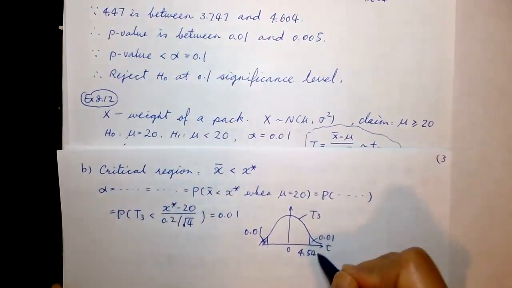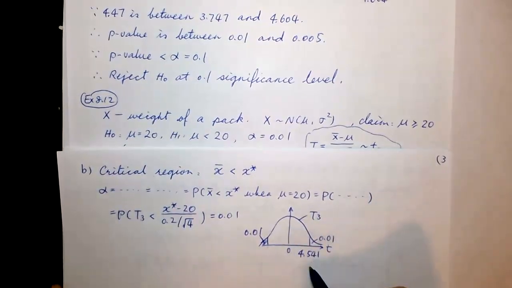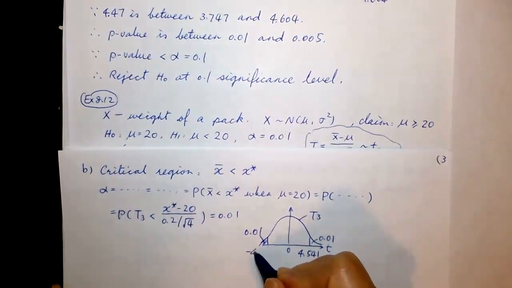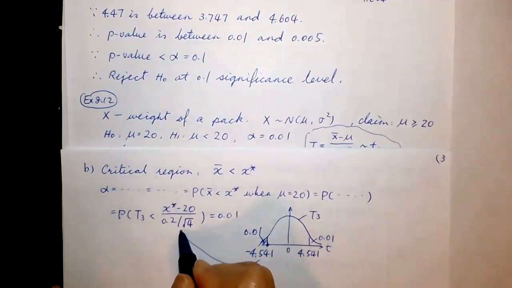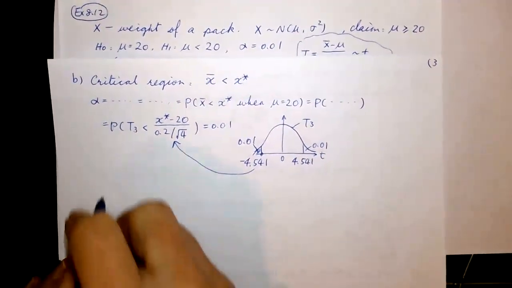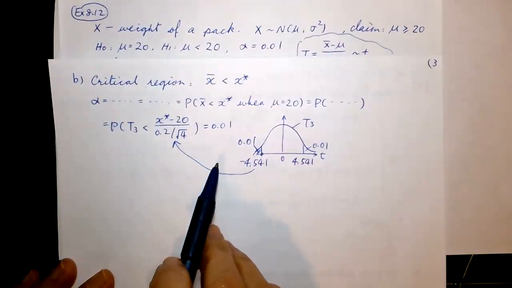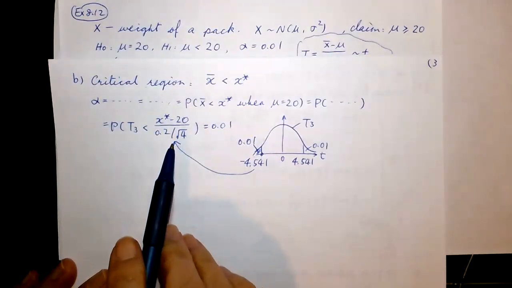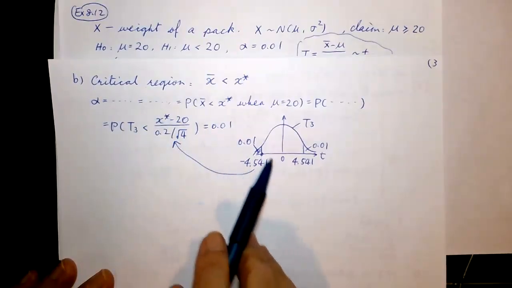The positive one has this 4.541 from the T table. So the negative side, due to symmetry, this negative value is here. Now you connect. This is the same as if you have something like this for your z.